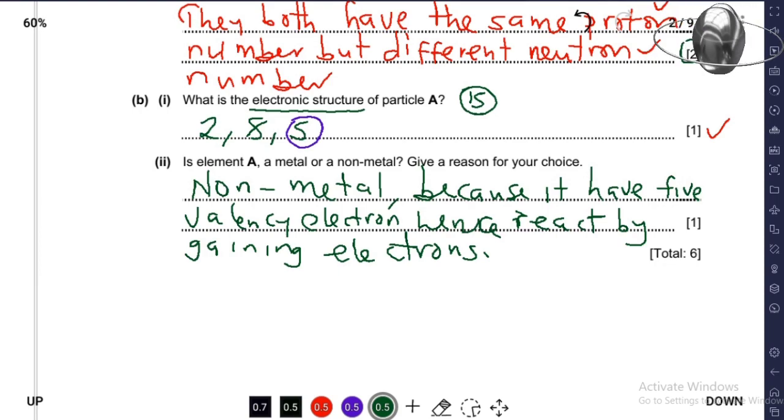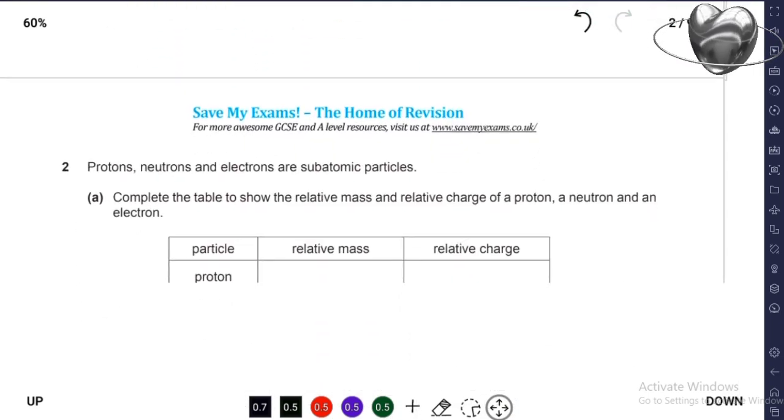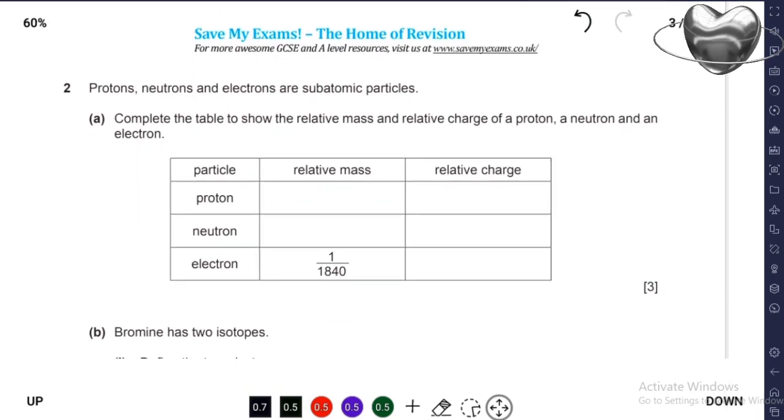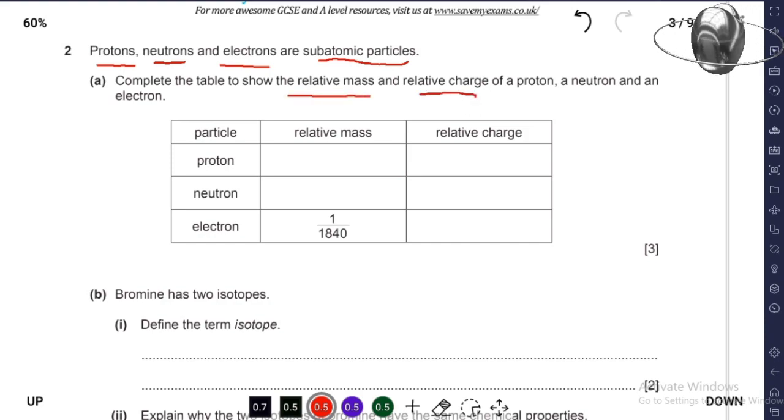Moving forward. We go to question 2. Protons, neutrons, and electrons are subatomic particles. Complete the table to show the relative mass, relative charge of proton, neutron, and an electron.